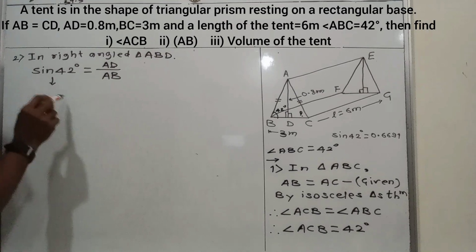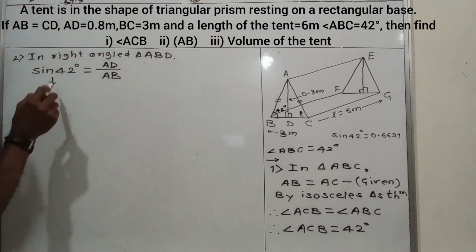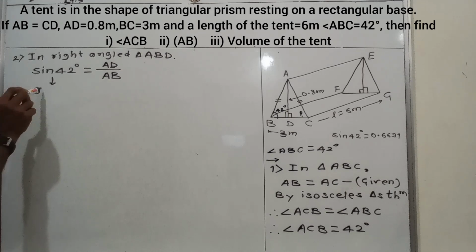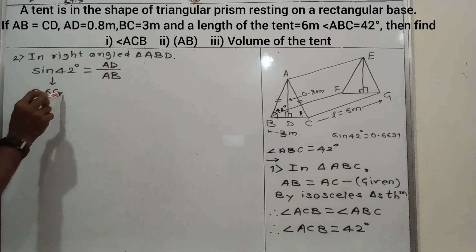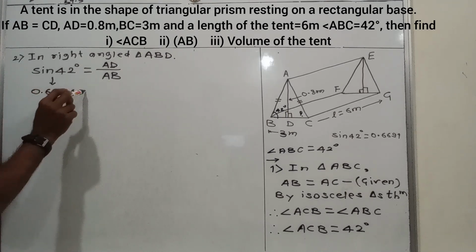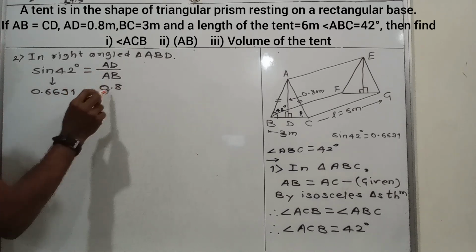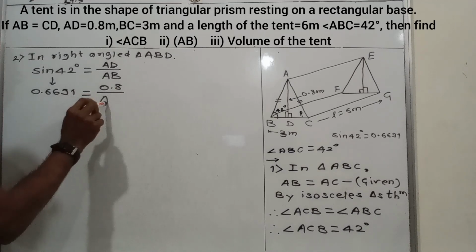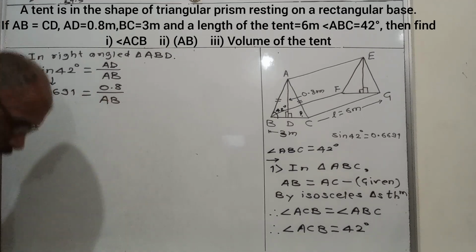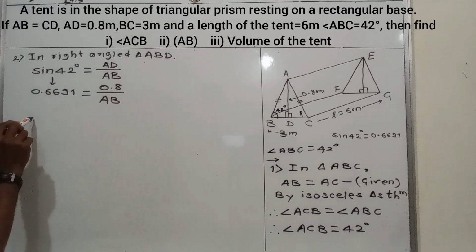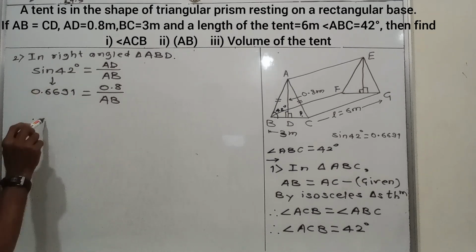Now we have the given value of sin 42, that is 0.6691, equal to AD, 0.8 meter, upon AB.